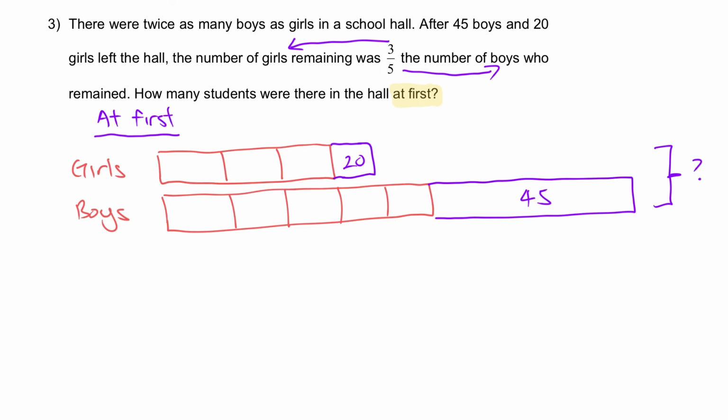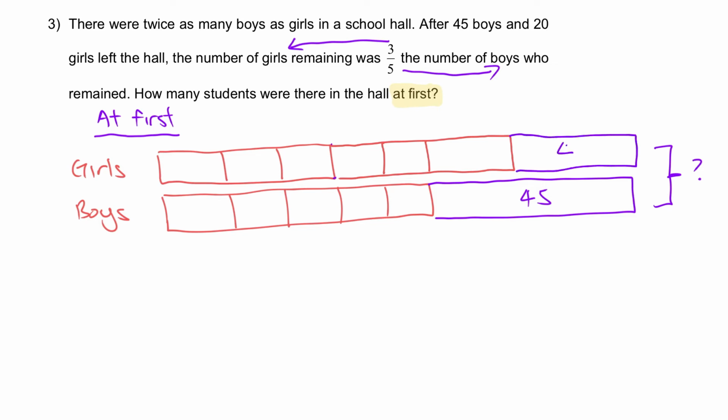Let me draw it out for you: 6 units and 40 is equal to this. What can we say about a unit here? A unit must be 5. Clear? So our first step: 1 unit is equal to 45 minus 40, which is equal to 5.